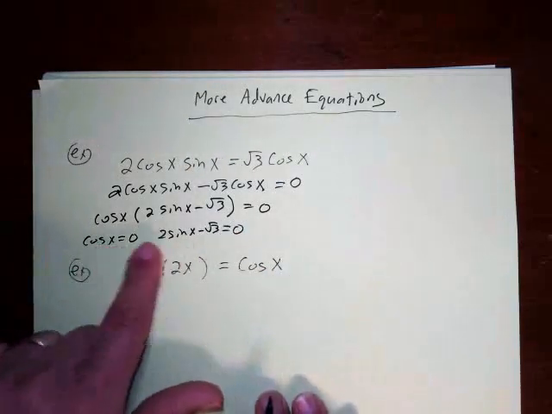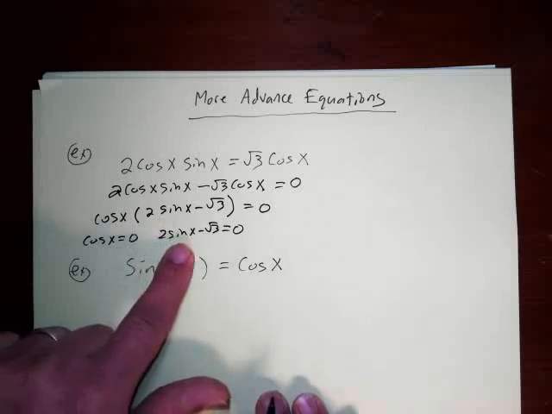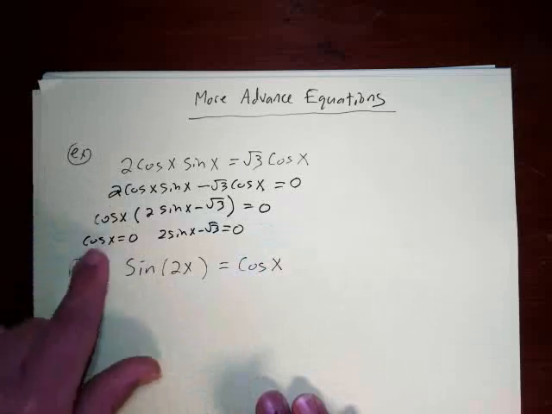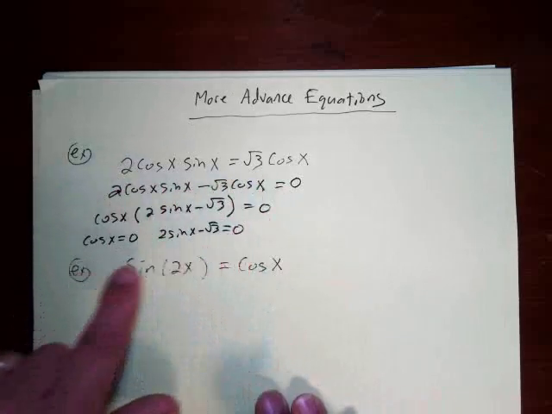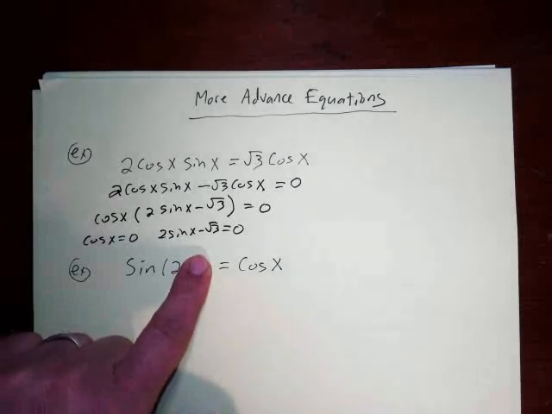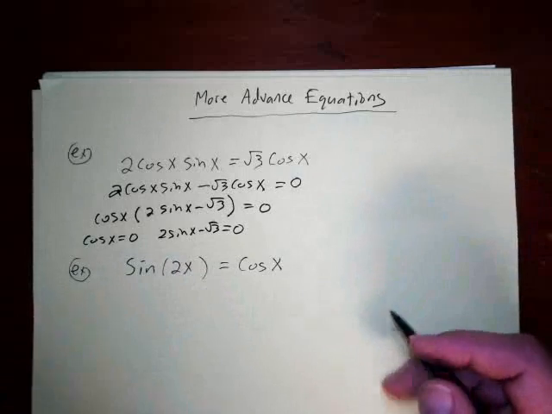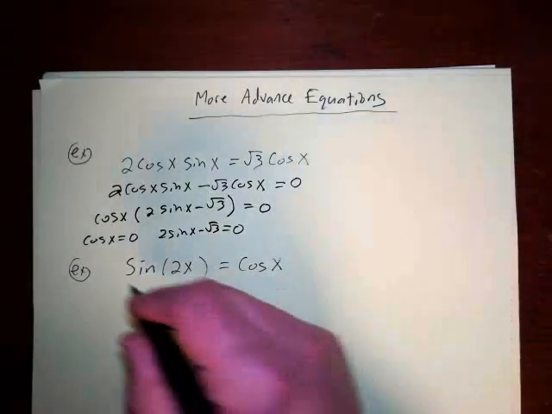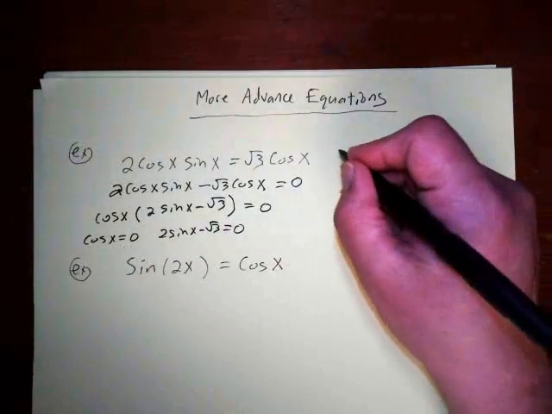If either of these is equal to 0, then the product will be equal to 0. And so what you've done is you've taken this more complicated equation and reduced it into two basic trig equations. And all you need to do is solve each of those basic trig equations.